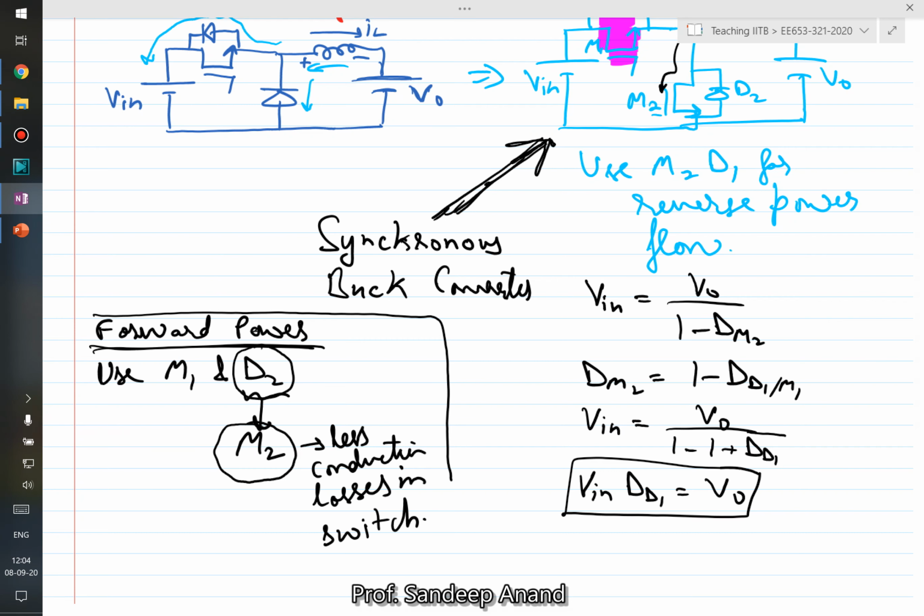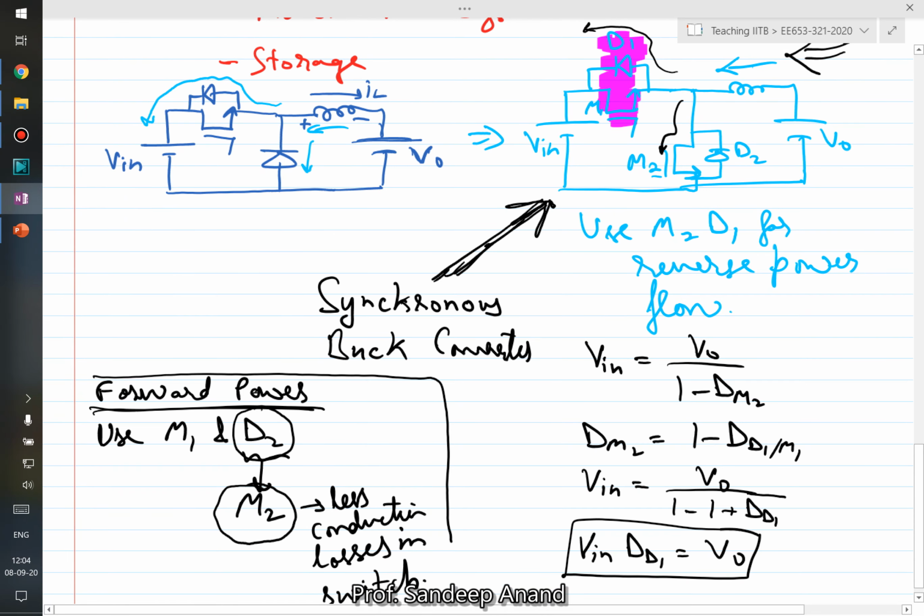Microprocessors, right? So in your computers, there's the final chip which is doing all the processing, right? Your Pentium chip or Intel chip or AMD chip, right? To power it, you sometimes use these synchronous buck converters instead of regular buck converters, because in regular buck converters the diode would have significant loss, but if you use a synchronous buck converter, then you can turn on M2, and the current would flow through M2 instead of diode D2, and the on-state resistance is less, so the losses are less.